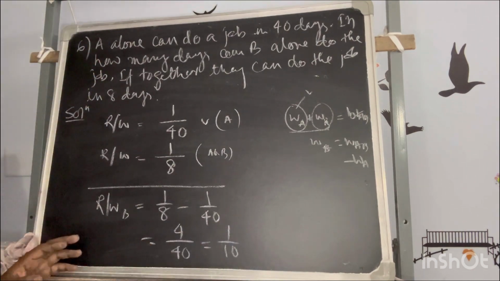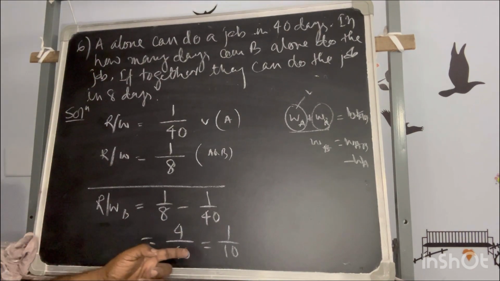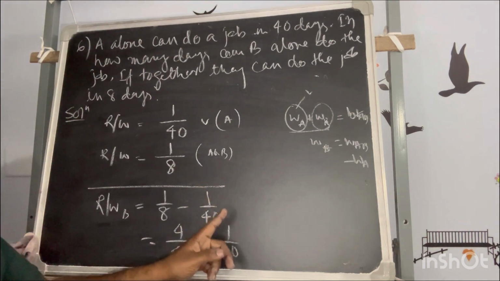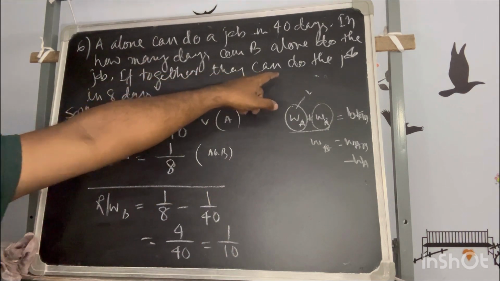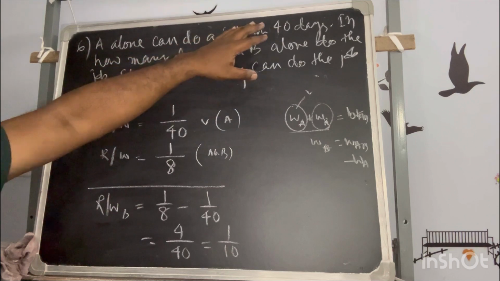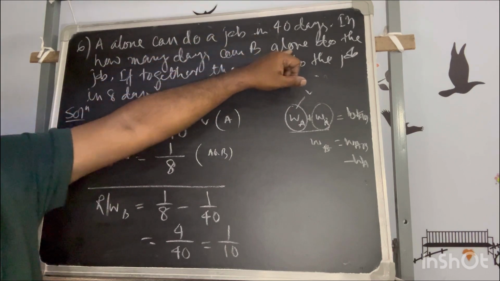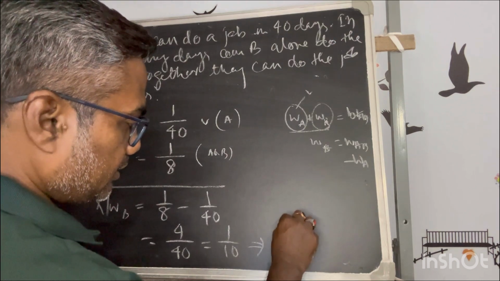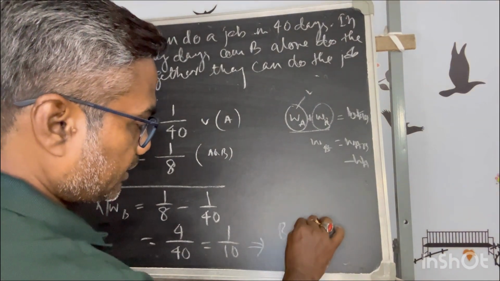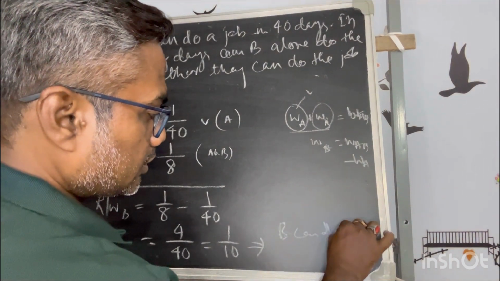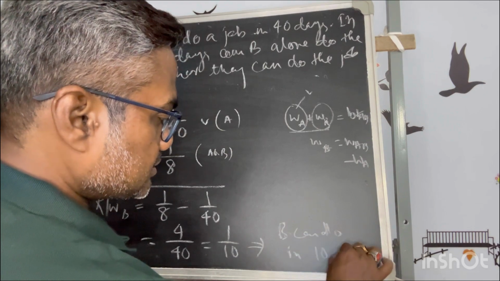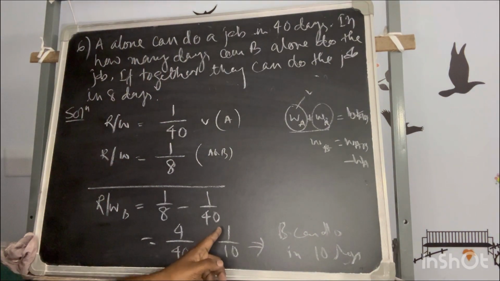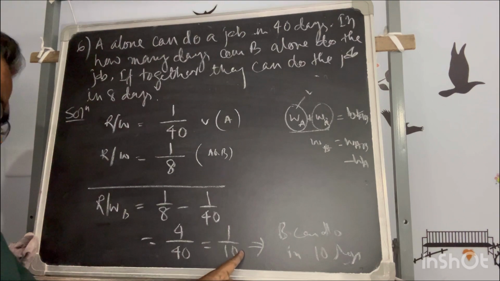Now what does that imply? B can do this fraction of the job in a day. In how many days can B alone do the job? From there you can straightaway say B can do it in 10 days, because you need not show the calculation, because this fraction he is doing in a day.